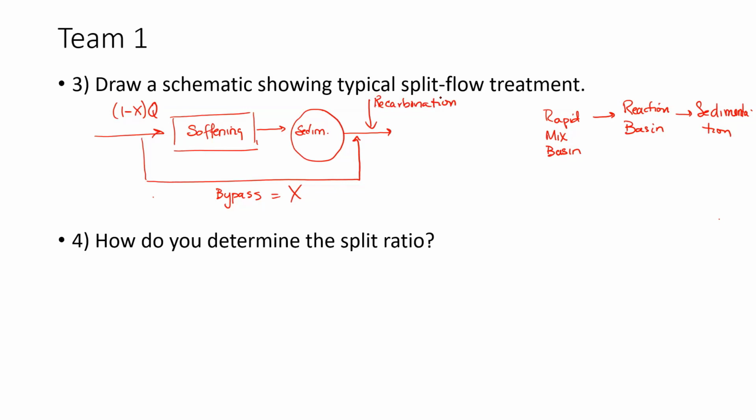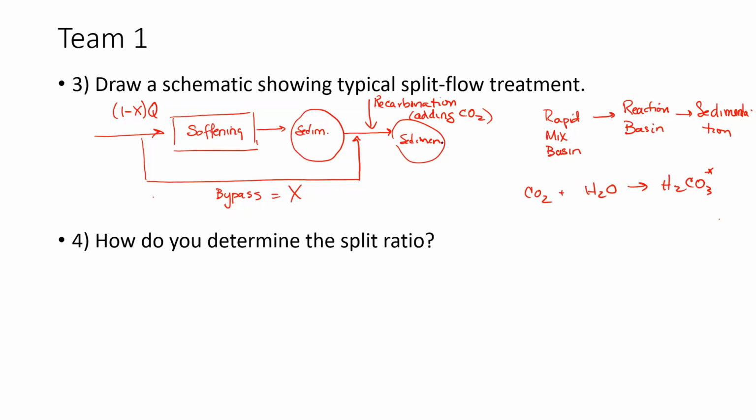In recarbonation, we're adding CO2. That CO2 reacts in water to form carbonic acid, which then reduces the pH. And we may have, again, another sedimentation basin.